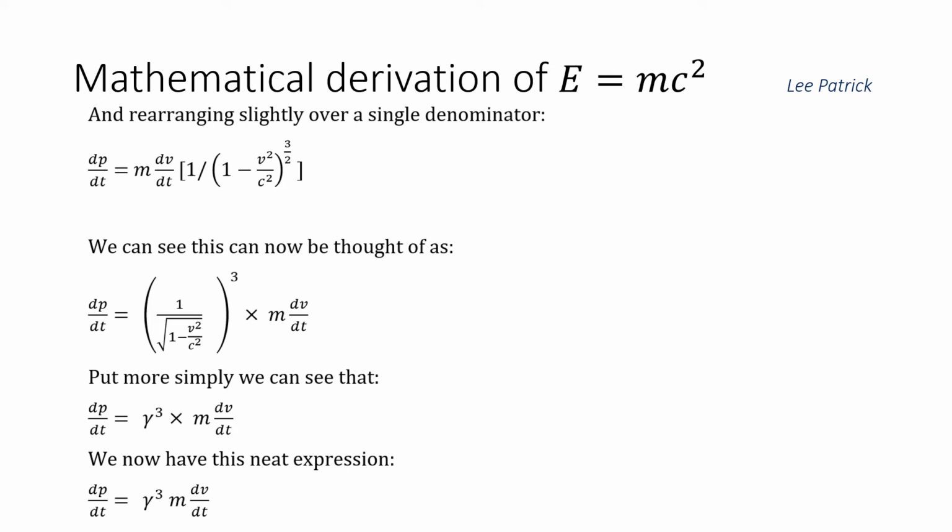Put more simply, dp by dt equals gamma cubed times m dv by dt. So we now have this neat expression, dp by dt equals gamma cubed multiplied by m multiplied by dv by dt.